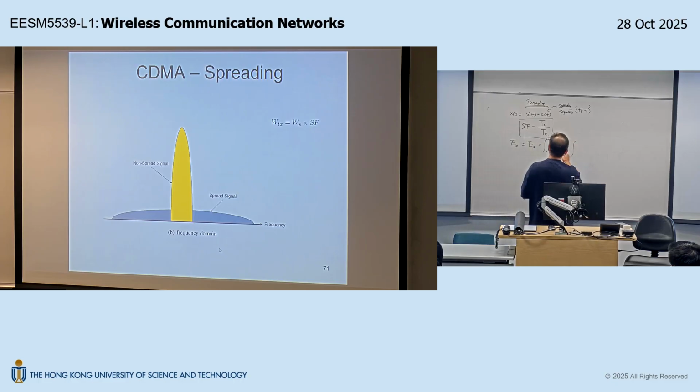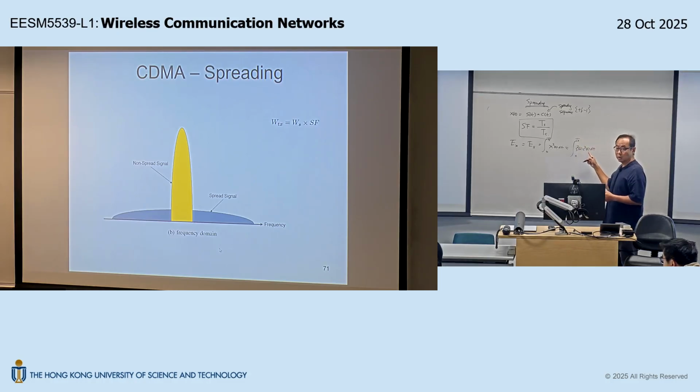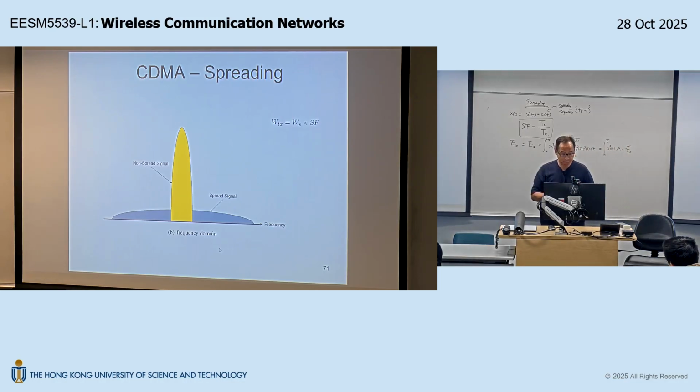So you substitute x(t) into here, so this becomes s squared times c squared(t) dt, right? c squared(t) will always be 1. So that becomes, right? That is the energy of the original signal before spreading. So the energy is the same.